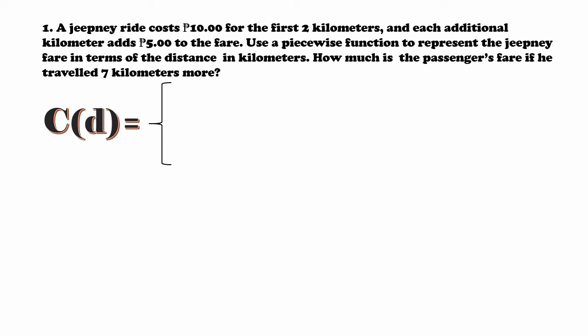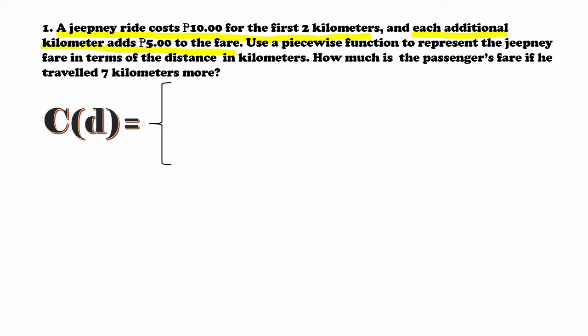So there are two pieces of functions in the problem. One is in this part of the problem: a jeepney ride costs 10 pesos for the first 2 kilometers. And the second one is each additional kilometer adds 5 pesos to the fare.